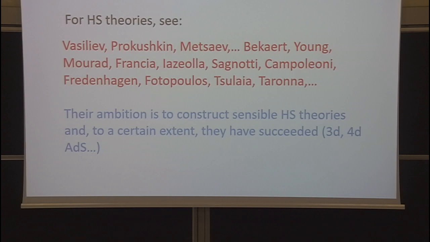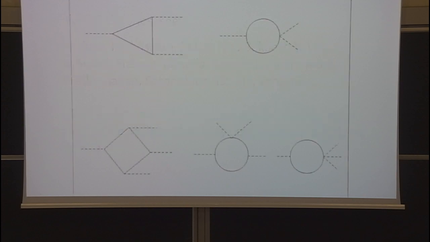So the question is now, if we want to construct a higher spin theory, a very general one, this seems to be a method, but you have to go on with the calculation of how to find the interaction vertices, and so you have to calculate diagrams like these ones, which become very complicated to evaluate and to deal with.